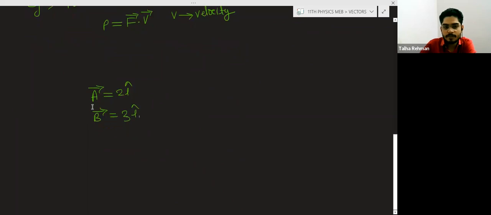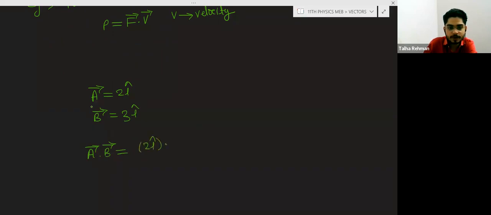When you do the dot product of A vector dot B vector, you will write 2 i cap dot 3 i cap. Finally 2 into 3 is 6 and i cap dot i cap is 1. So you will get 6.